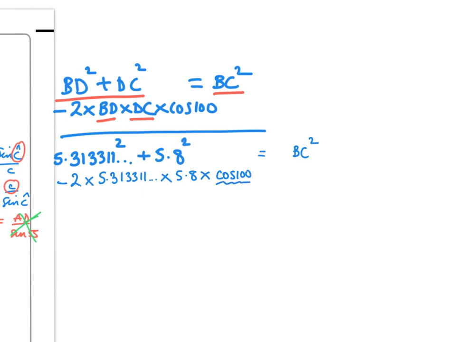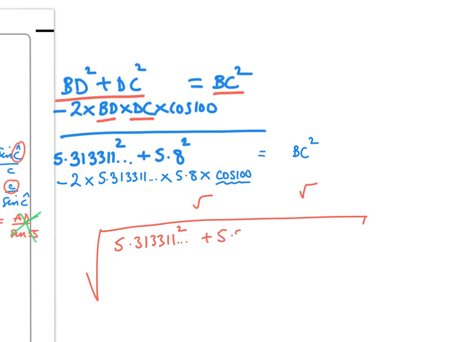So the nice thing about this now is, if I square root both sides, then my answer is simply all of this. It's 5.313311 etc. squared plus 5.8 squared minus 2 times 5.313311 times 5.8 times cos 100, and that would give me BC.